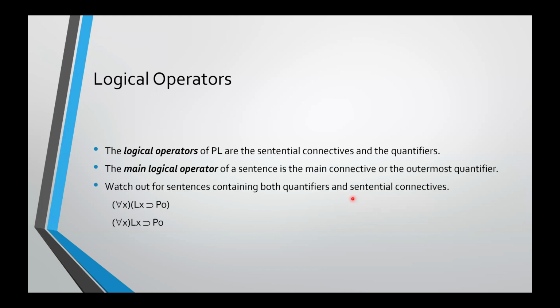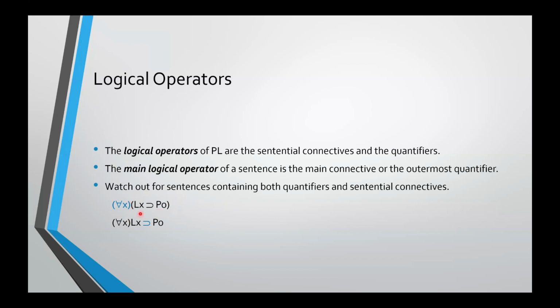Where it gets a little trickier is where you have sentences that have both quantifiers and sentential connectives, because then people will get confused as to whether it's the connective or the quantifier that is the main logical operator. So things like this, for example. In this one here, because of the parentheses, this quantifier covers this entire part of the sentence.